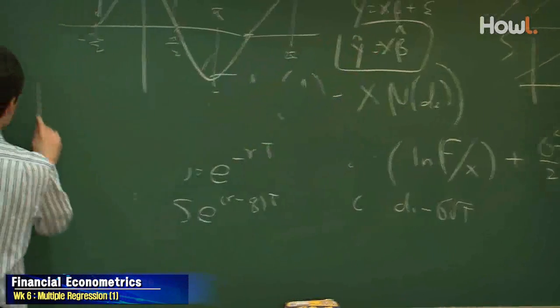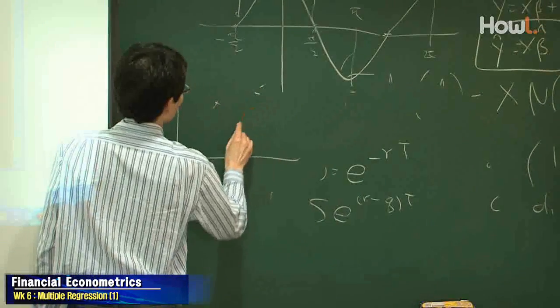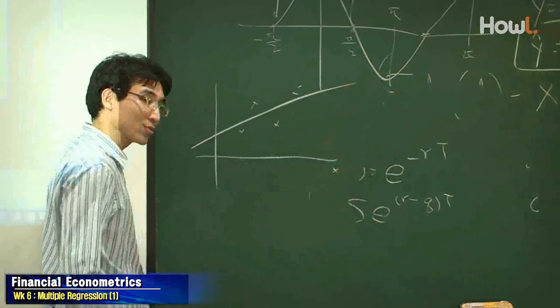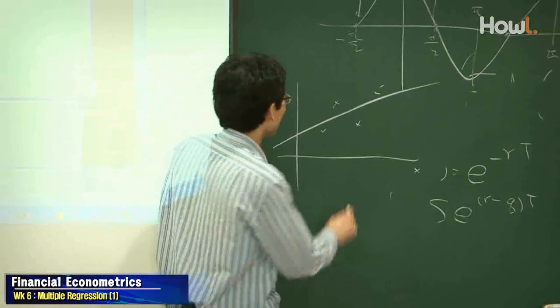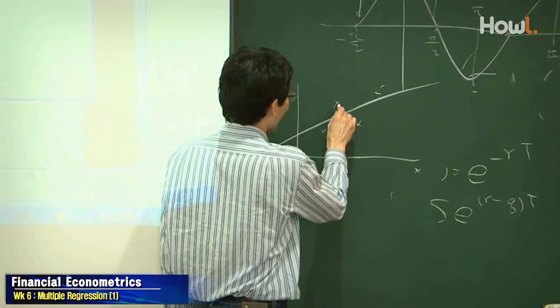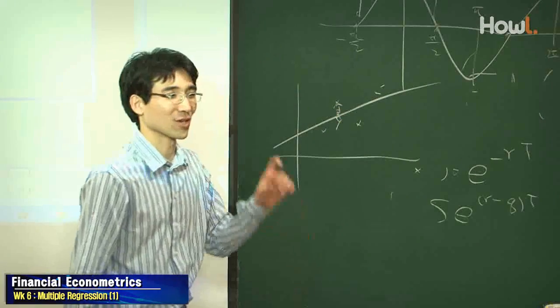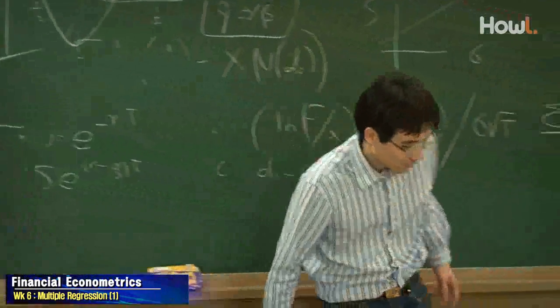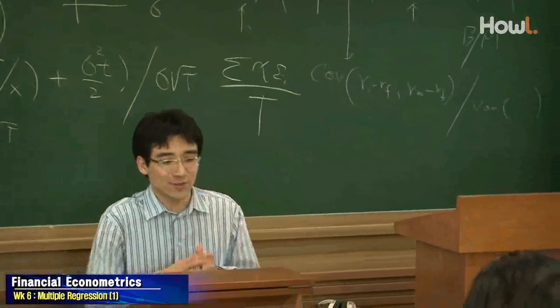So suppose this is the data, and this is x, and if we have this relationship, then this should be our y hat, and the distance between them is the regression error. This is epsilon hat. So y hat looks like this.